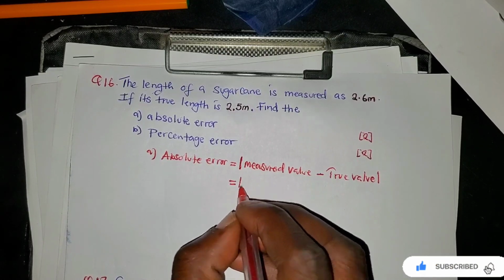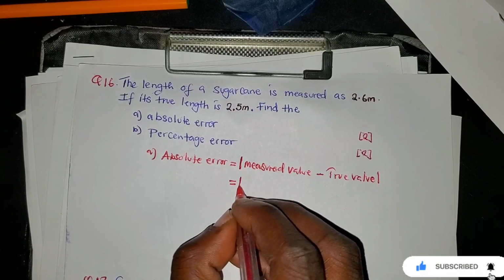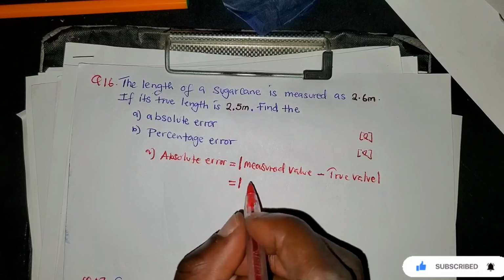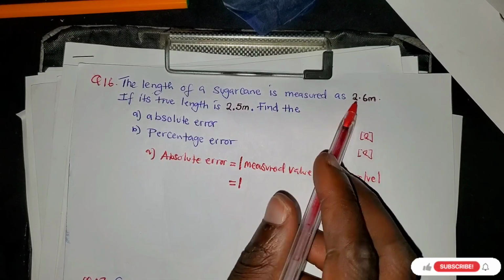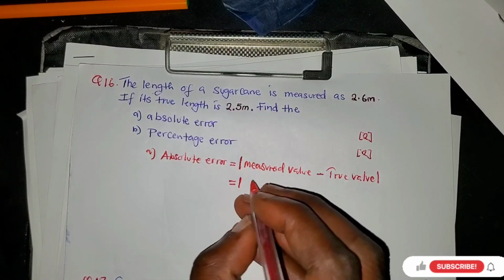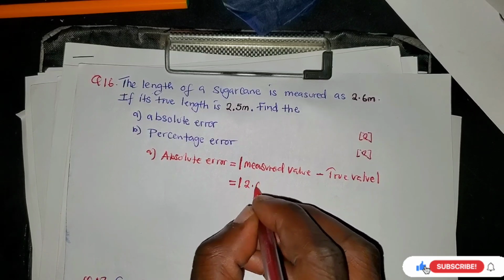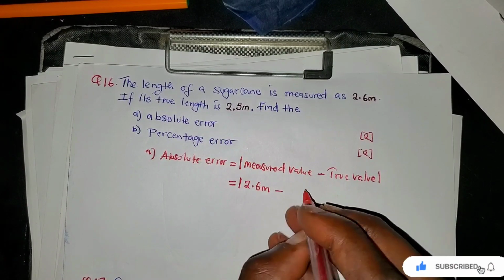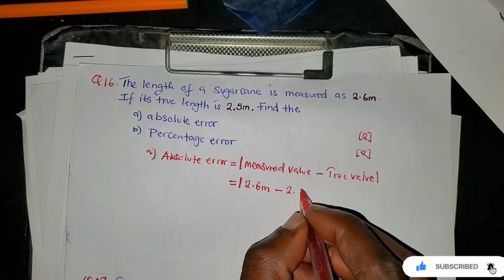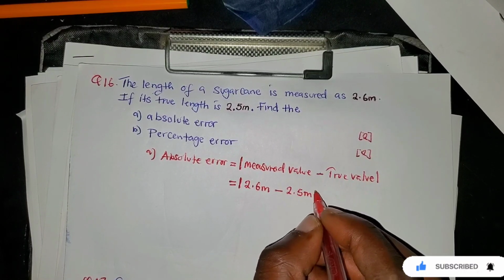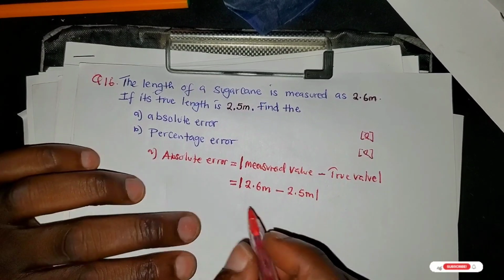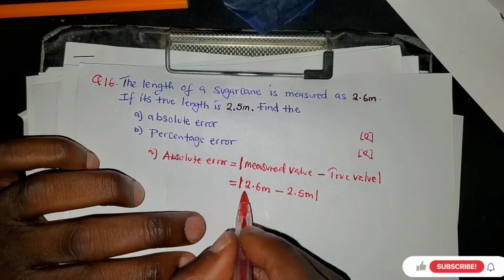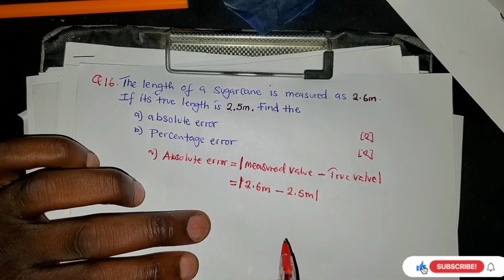So you just draw this bar, then write the measured value minus the true value. The measured value was 2.6 meters, minus the true value of the sugarcane, which was 2.5 meters.